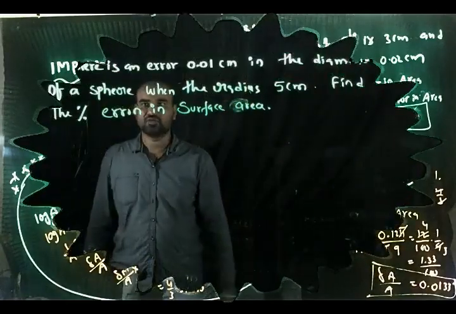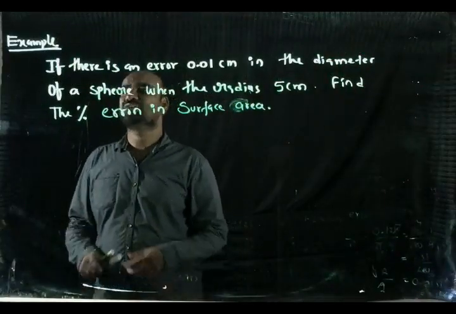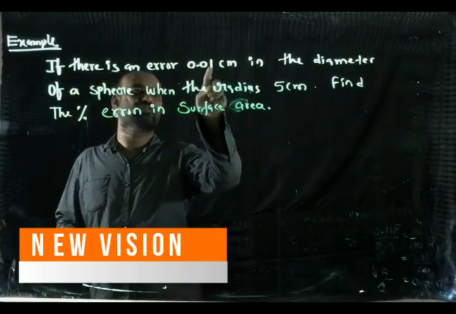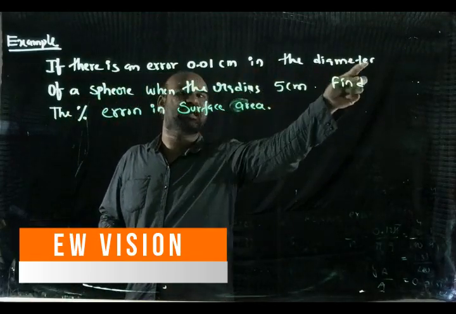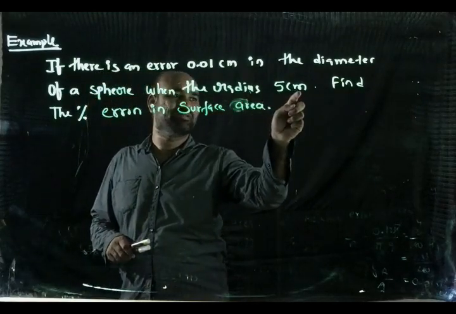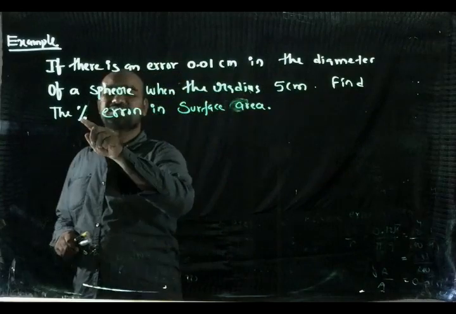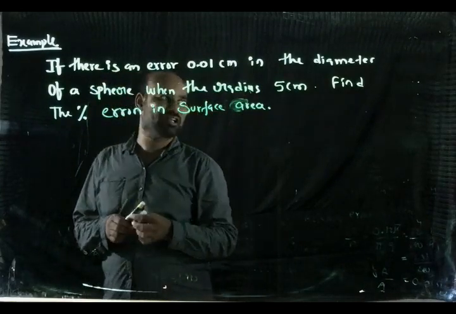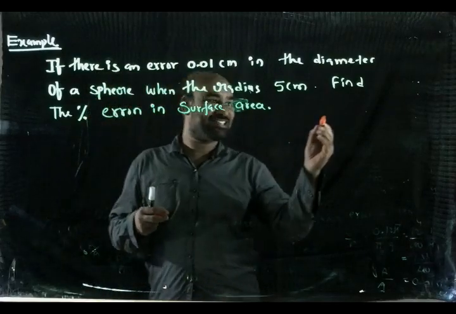Friends, there is another example. If there is an error 0.01 centimeters in the diameter of a sphere when the radius is 5 centimeters, find the percentage error in surface area. Percentage error in surface area.